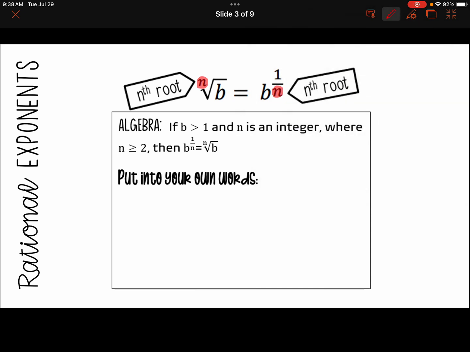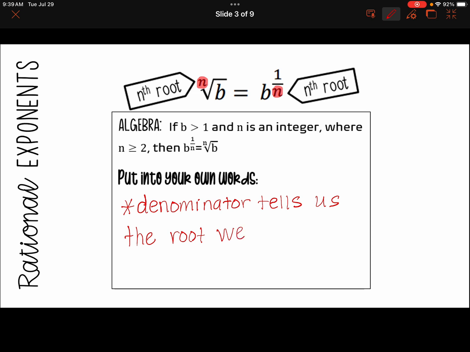So we're just going to say this in our own words: the denominator tells us the root we are finding when the exponent is a fraction.